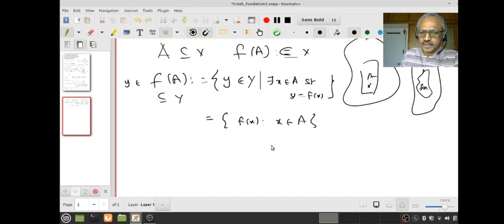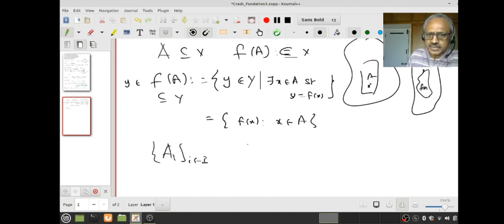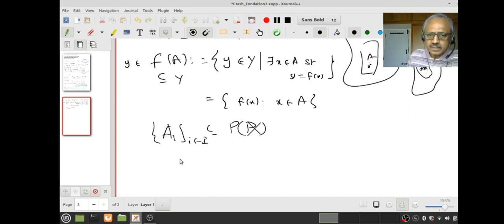Okay. Right. So let us just make use of the concepts which you have learned. Just to do only one thing. Suppose A_i is an indexed family of subsets in X. Then we had already defined the union of A_i, i in I. How did we define?